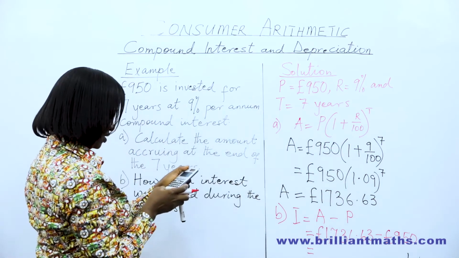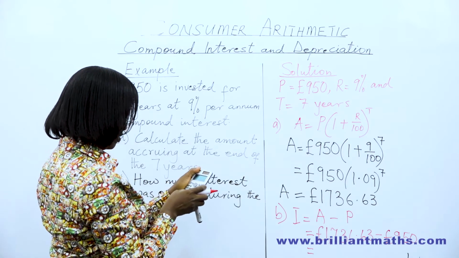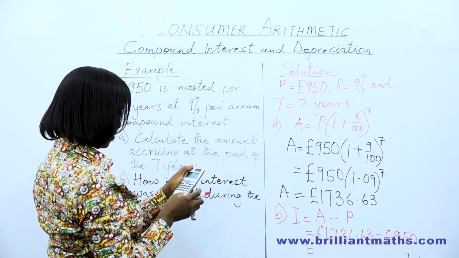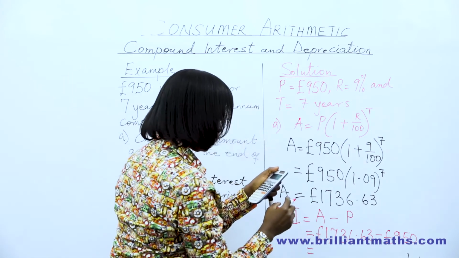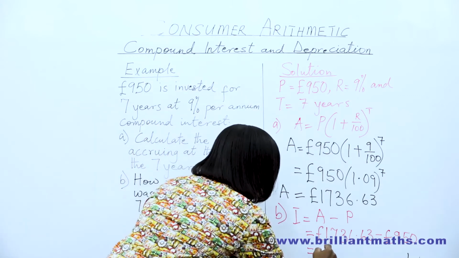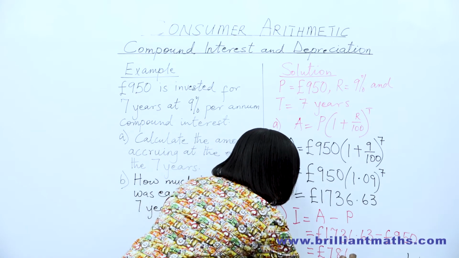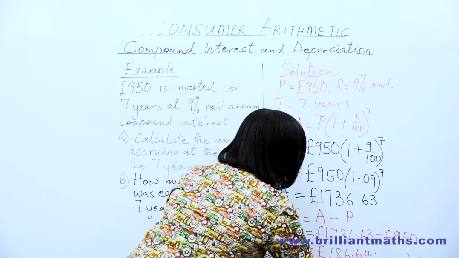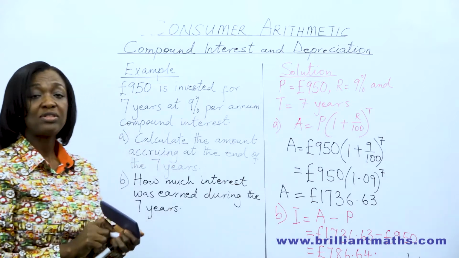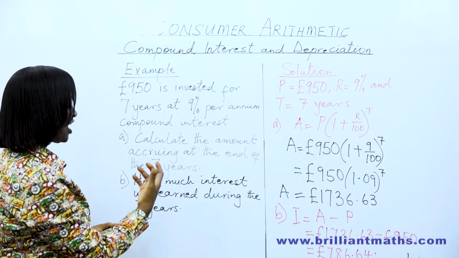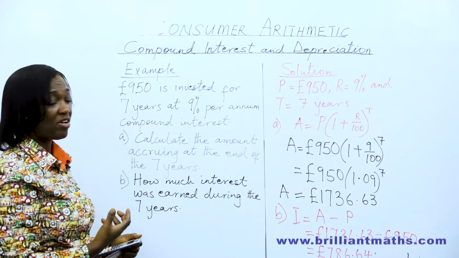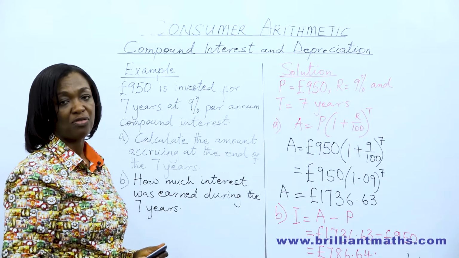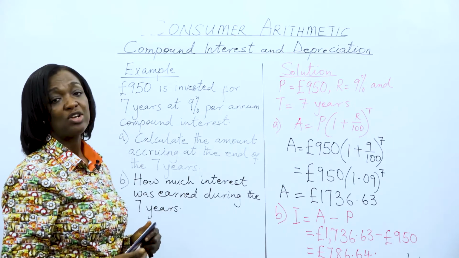And that will give us 786 pounds 64. So the amount earned as interest during that period was 786 pounds 64. Just take your time and do more of this.